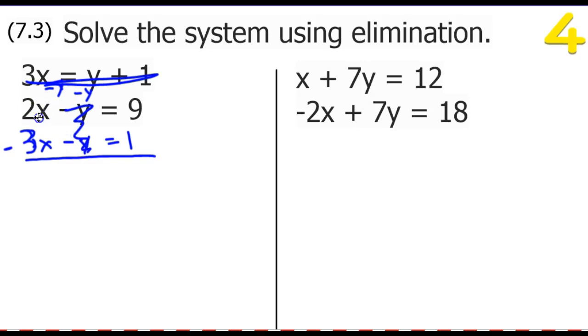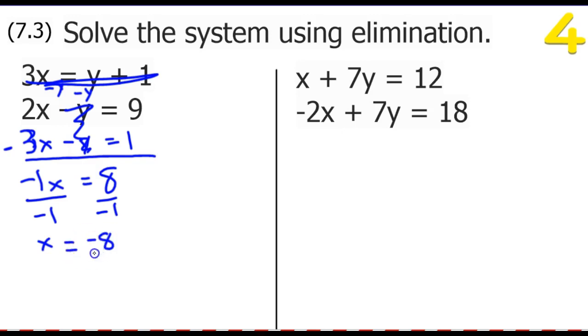So now we have 2x minus 3x, which gives us a negative 1x, equals 9 minus 1, which is 8. If we divide that by negative 1, our x equals negative 8.